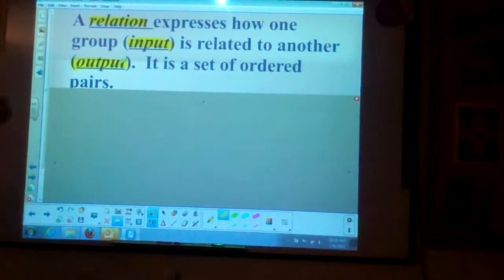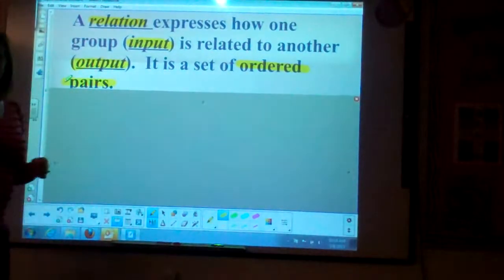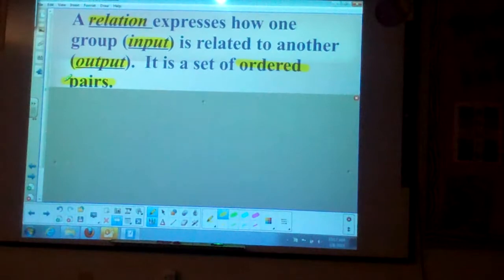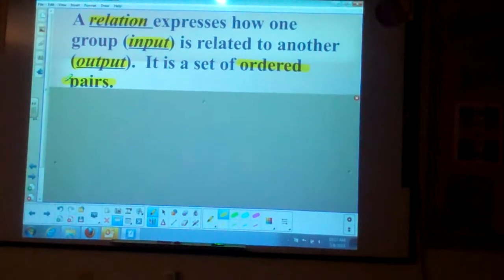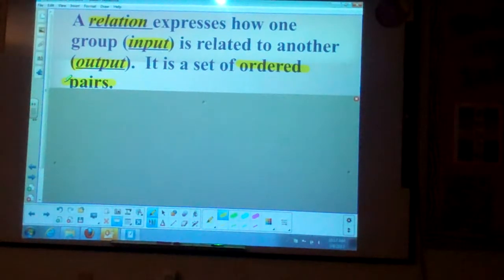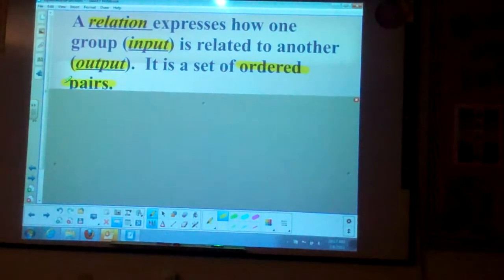I'm going to highlight ordered pairs as a key vocab word. So a relation expresses how one group is related to another group. One group is the input, the other group is the output.